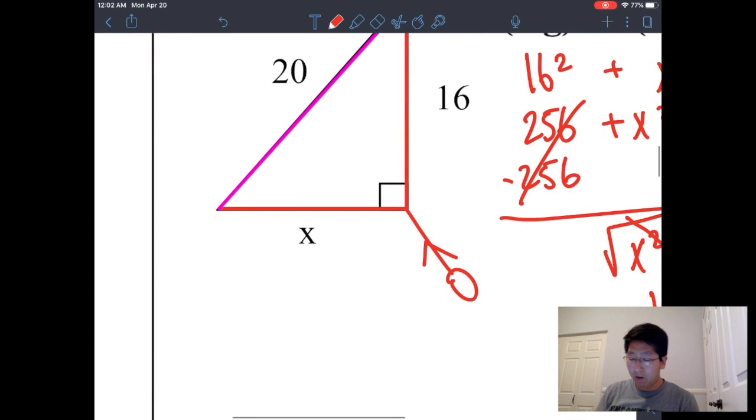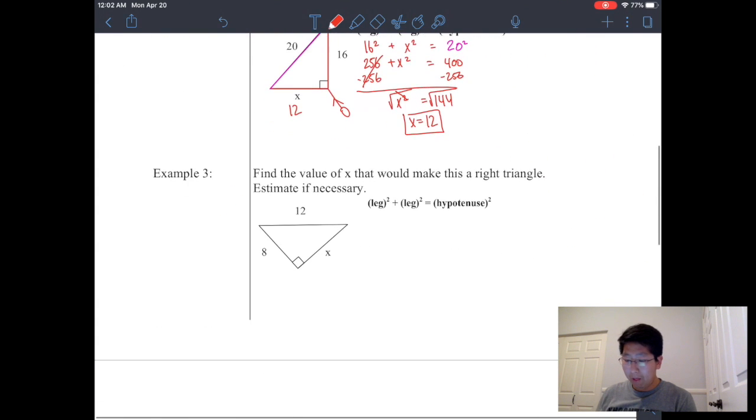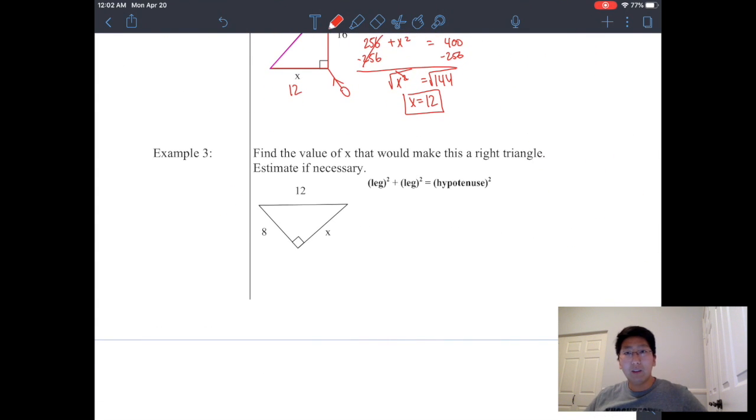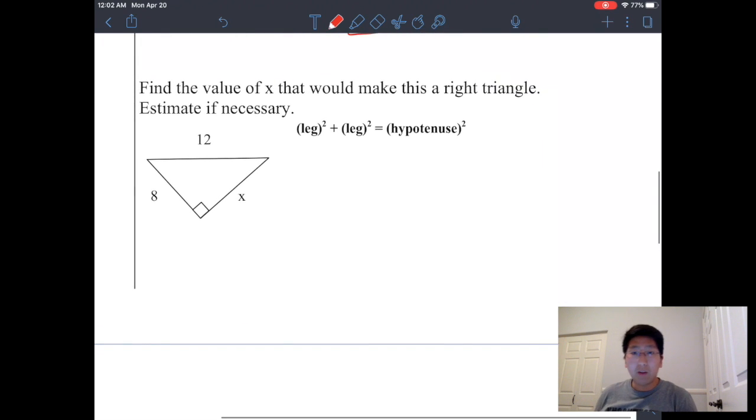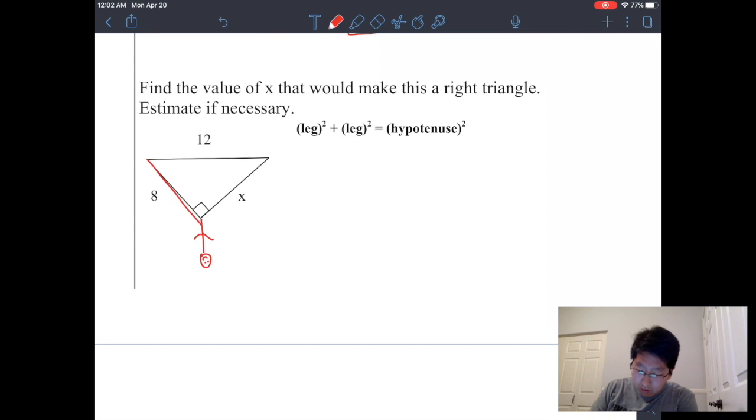That means that right here, this is 12. Okay? All right, our last but not least, we'll go ahead and find this. We need to draw our person. So here are our legs, 8 and x.